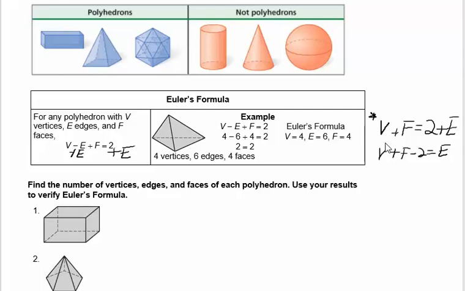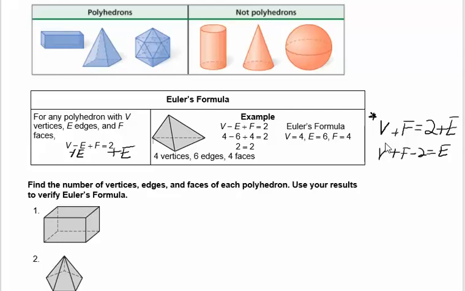In any case, once you have figured out how many vertices, how many edges, and how many faces, then you can plug them back into the formula and verify that it works. That's what it means when it says use your results to verify Euler's formula. The number of vertices, edges, and faces is something that we talked about in 10.1, so go back and review that if you don't know what a vertex, edge, or face is.